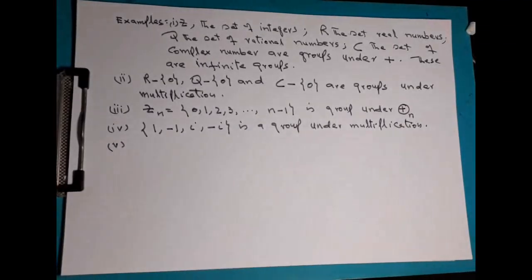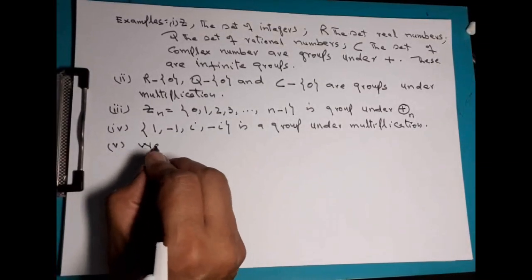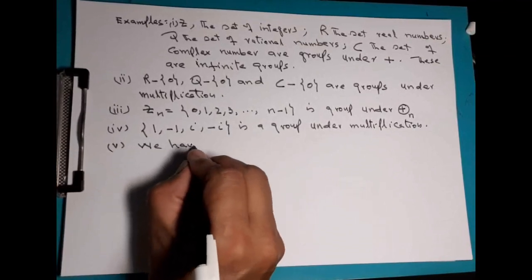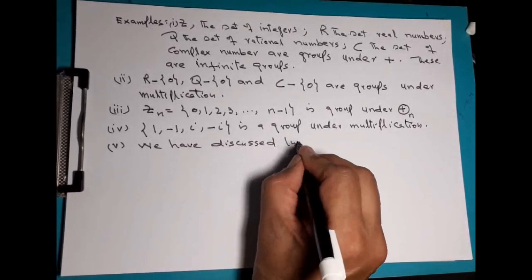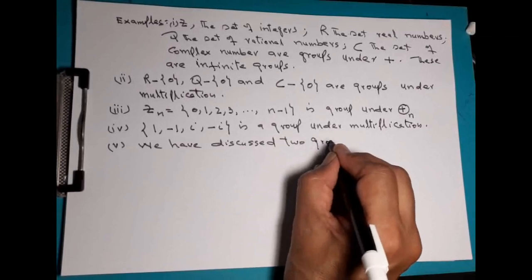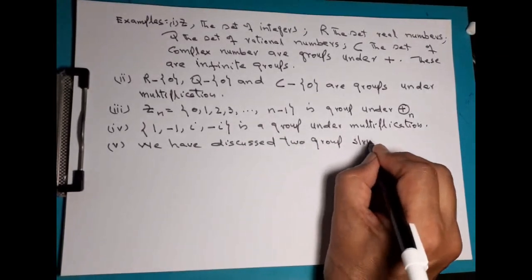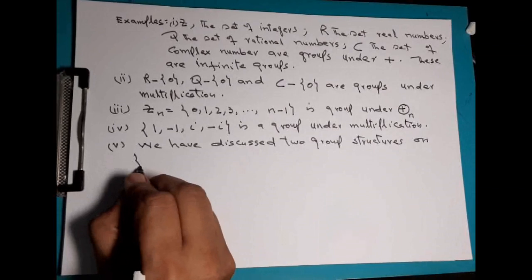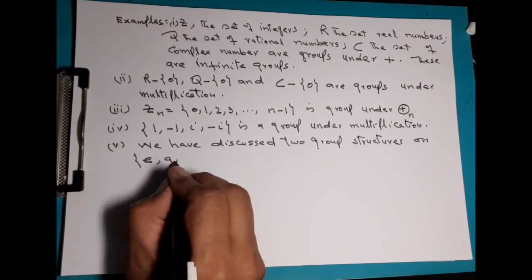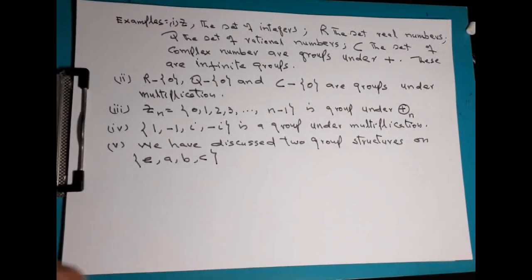You may recall that we discussed two group structures on this set of 4 elements, E, A, B, C. We took E as identity, then we defined two group structures.